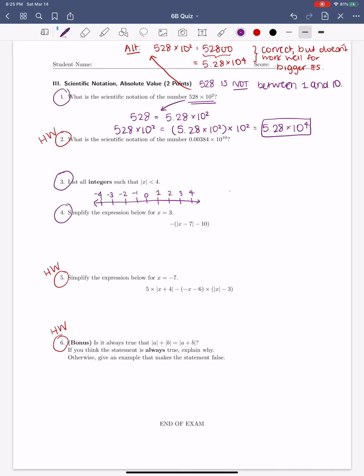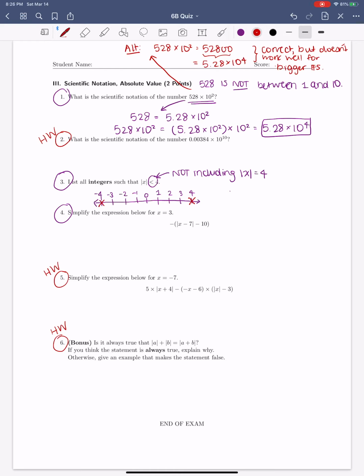Okay, and we want integers such that the distance between x and 0 is smaller than 4. And we don't include 4. So this is not including numbers where absolute value equals 4. So this already tells us that we can rule out plus 4 and minus 4.